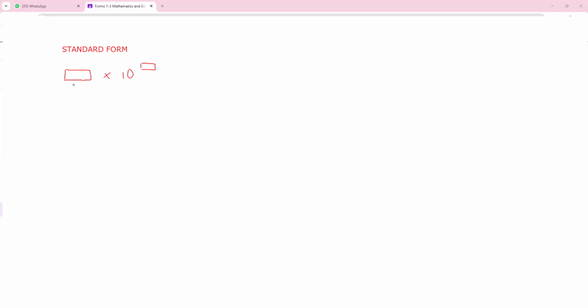So the first number must be some number between 1 and 10, multiplied by 10 to some power. Remember, your power is also known as your exponents or the index, plural indices.